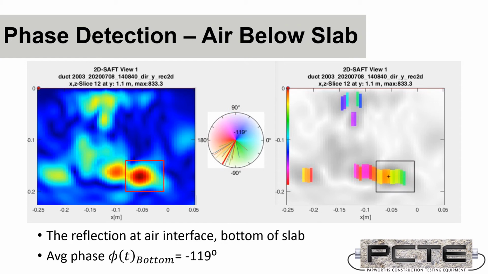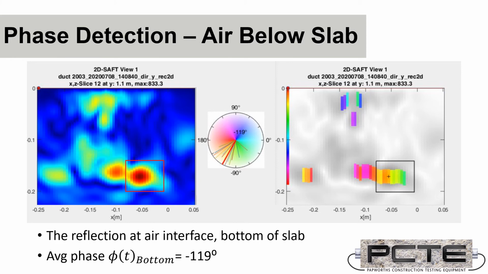Then when we look at the phase shift from the reflection from the bottom of the slab, we've got a number of different colors in there, but it's somewhere between an orange and a green result. You can see all of those different results in the black box, and the average is -119 degrees of all of those.